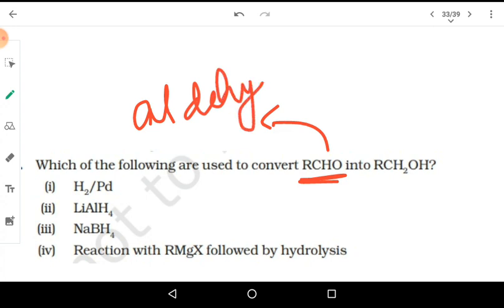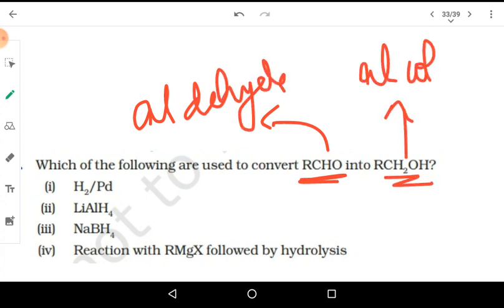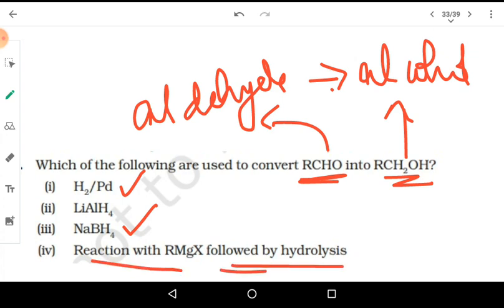So aldehyde should be converted into the corresponding alcohol. If we have to convert aldehyde into alcohol, we can use hydrogen in the presence of palladium. We can use NaBH4. Reaction with RMgX followed by hydrolysis will give us a secondary alcohol. So that is not possible because we need a primary alcohol here.